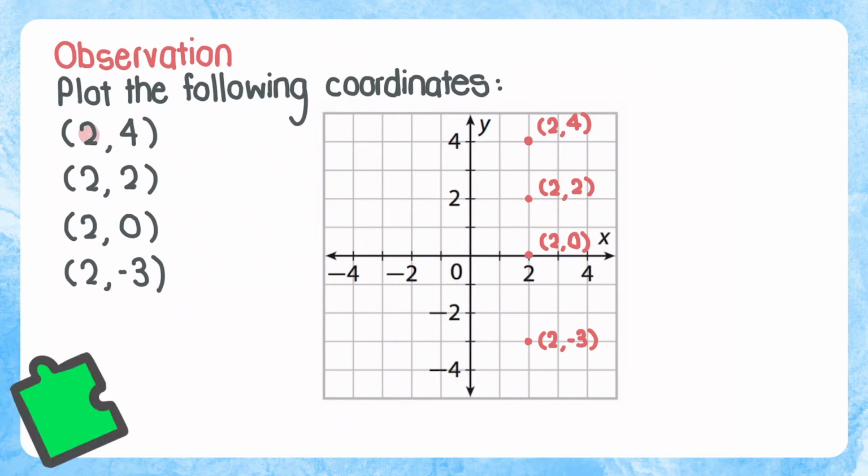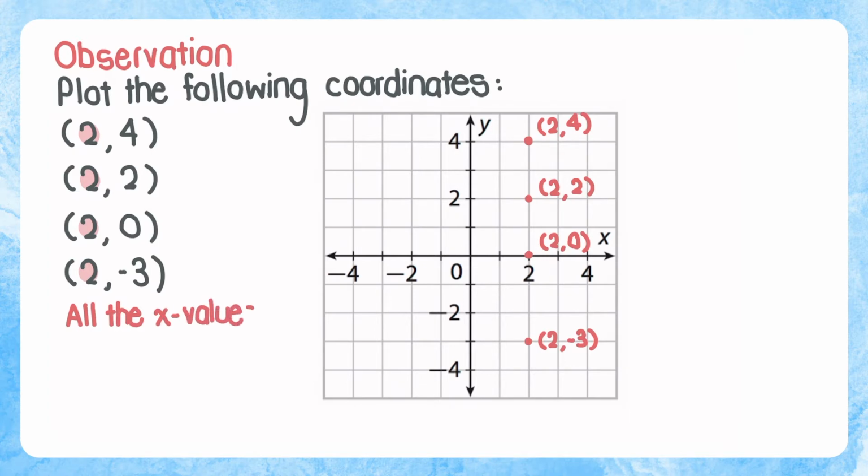What do you notice about the 4 coordinates? Please answer on Edpuzzle. You may have noticed that all the x values are 2. All the x values are the same. This is actually a property of vertical lines.